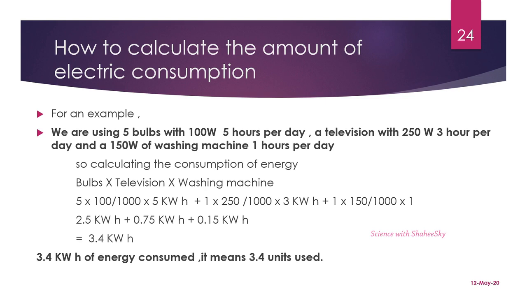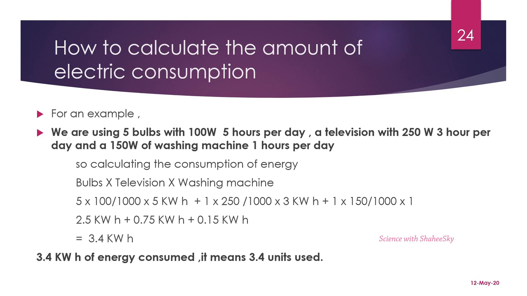Calculating the consumed electric energy for the bulbs, television and washing machine, I substituted all the amounts in the equation, and finally I came to the answer: 3.4 kilowatt hours are consumed in a day. This means 3.4 units used per day.